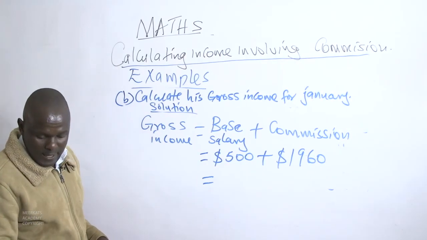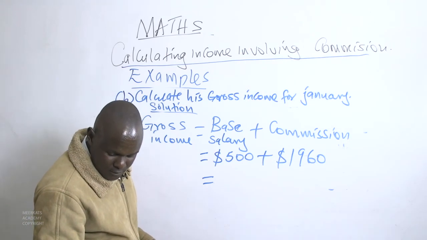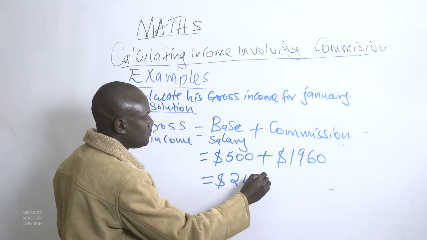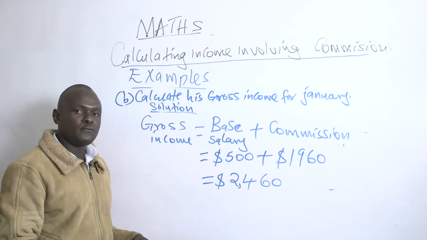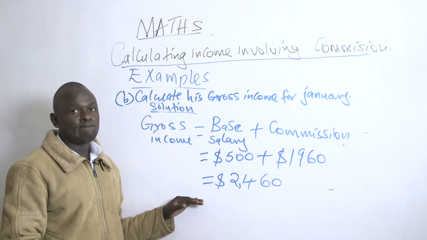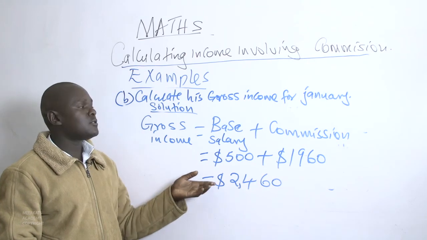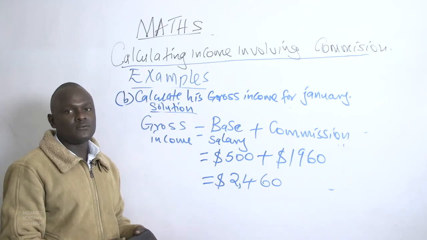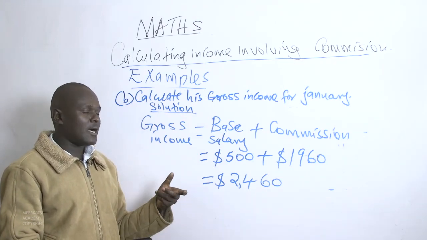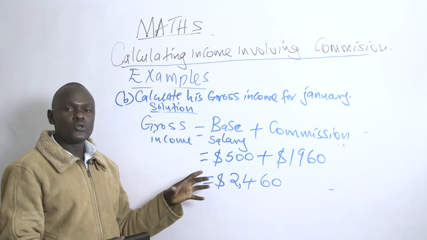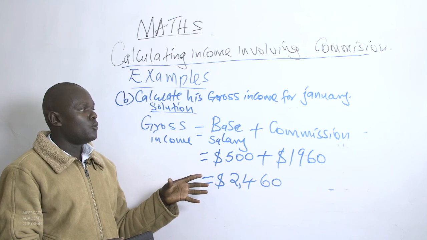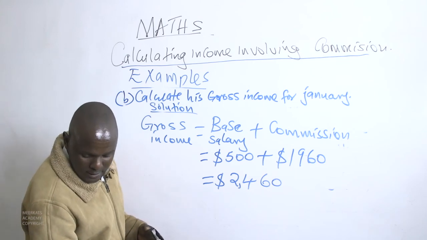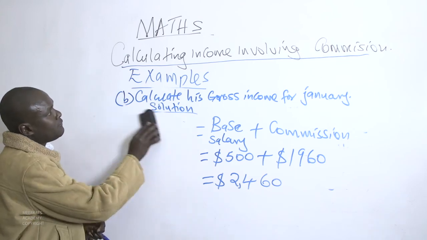This will give us a sum of $2,460. And as I told you in our previous lesson, commissions are there to encourage the salespeople to be aggressive, to go out and do more sales, so that they can earn something more. The more you sell, the more your income increases. So let us look at one last example, example number 4.